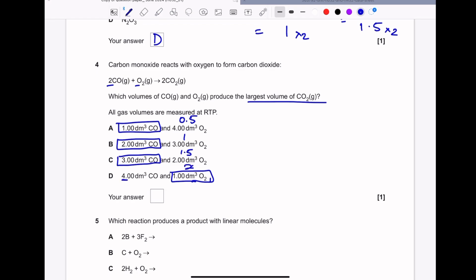Now that we know our limiting reagent, it is going to dictate how much we're going to make of a product. So the product is dependent on the limiting reagent. For the first option, 1 decimeter cubed of limiting gives us also 1 decimeter cubed of carbon dioxide because it's a 2:2, or rather 1:1 ratio, so that's not the answer. Next one's not either because that's 2. Option C looks good because that looks like 3 decimeters cubed compared to option D, which is just 1 decimeter cubed, so answer is C.